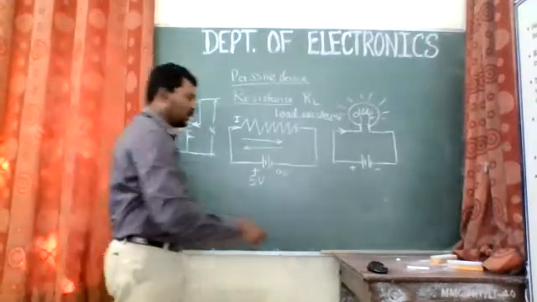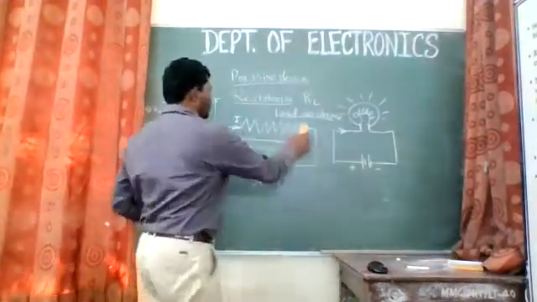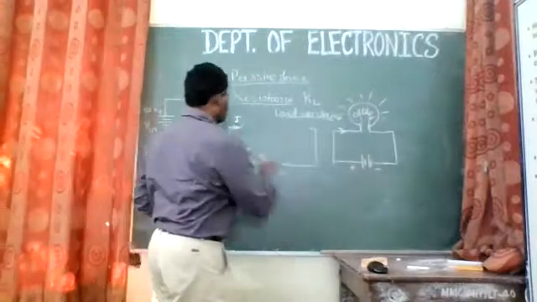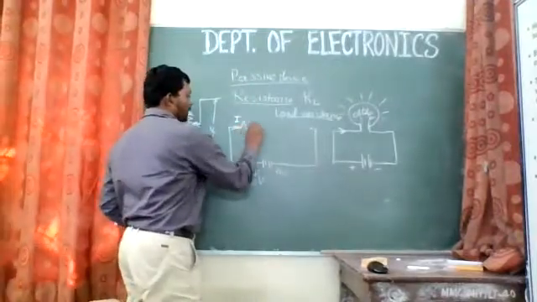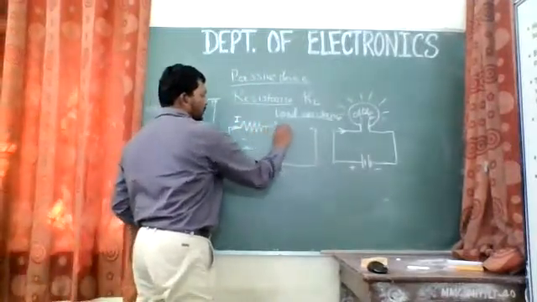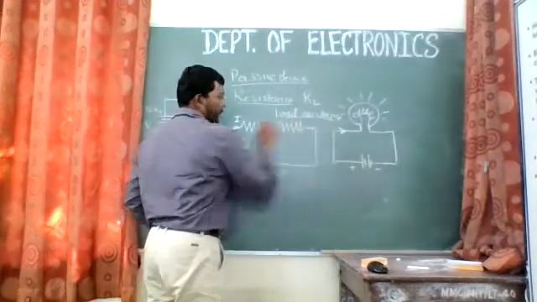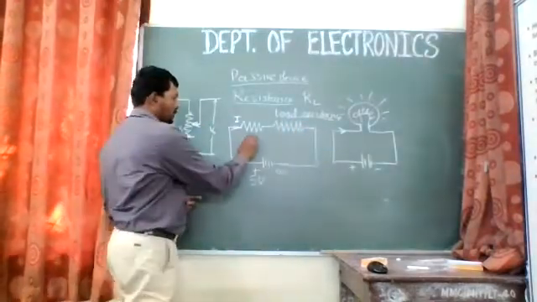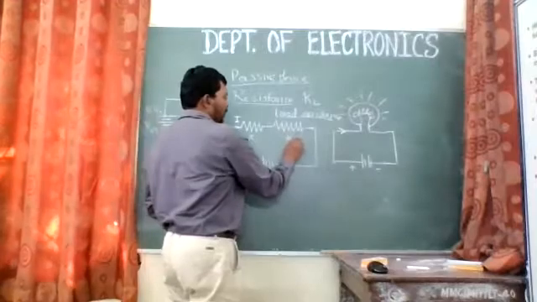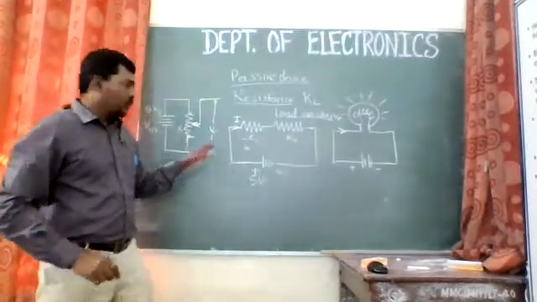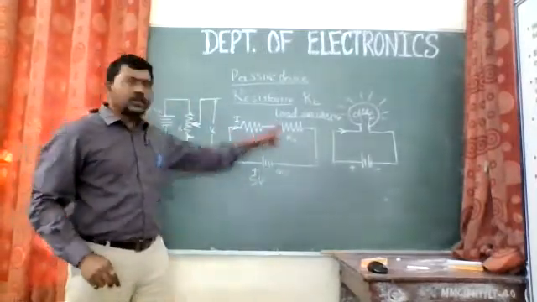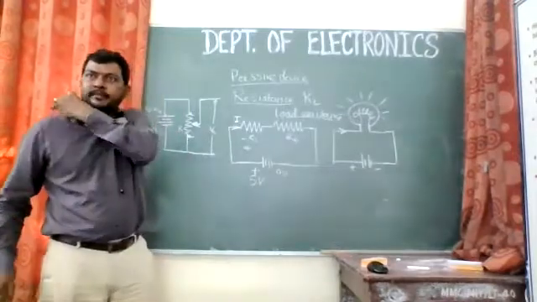If I connect, say, another resistance like this, what it means is, if we are connecting two resistances like this, we have two resistors. What I have done, I have connected these two resistors in series.